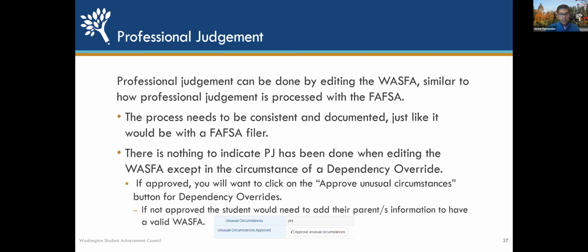If approved, you will want to click on the Approve Unusual Circumstances button for a dependency override. If not approved, the student would need to add their parents' information to have a valid WASFA. That's something you just need to communicate directly with the student if you did not approve their special circumstances.